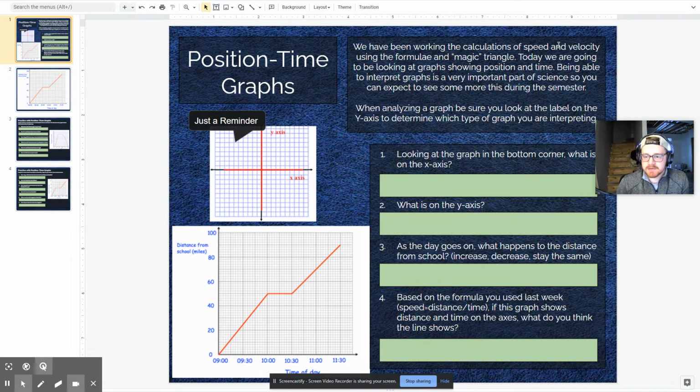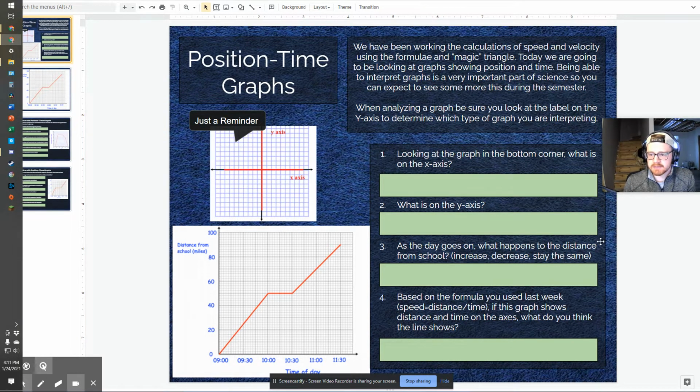Okay, so looking at the graph in the bottom corner, looking at this one right here, what is on the x-axis? Looking at this reminder here, we've got the horizontal, of course, which is our x-axis.